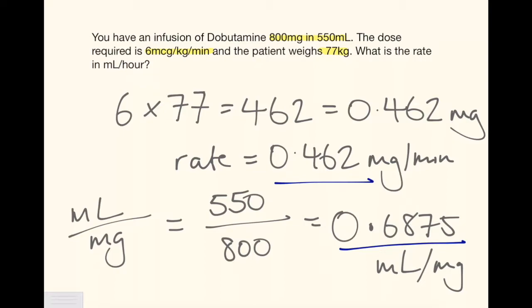Okay, say if this was 1 milligram per minute, then you'd know I'd need 0.6875 milliliters per minute. You'd automatically know that was how many milliliters you needed. But if it's 0.462, you need to multiply that number by the amount of milliliters per milligram. Okay. Now I'm going to do that by hand.